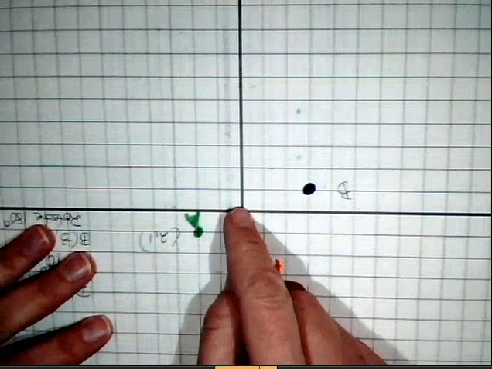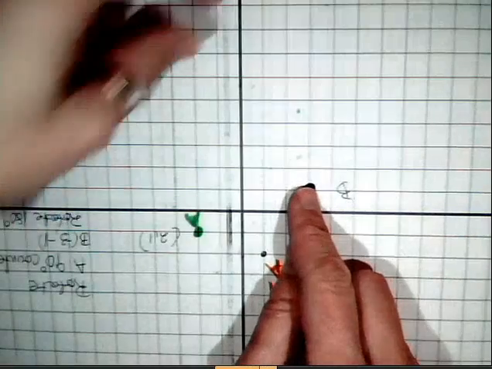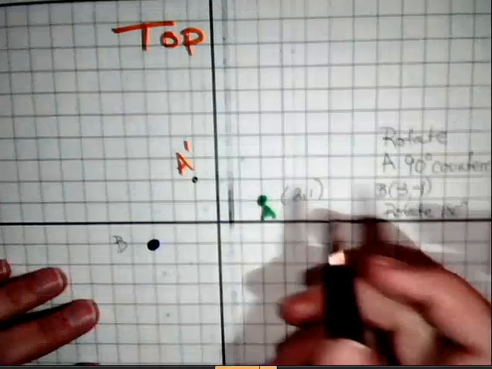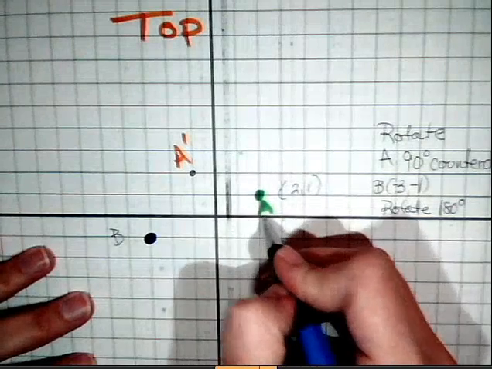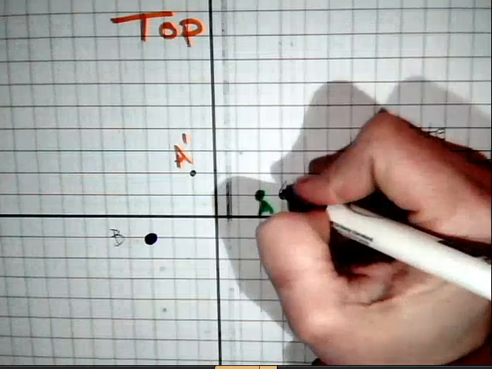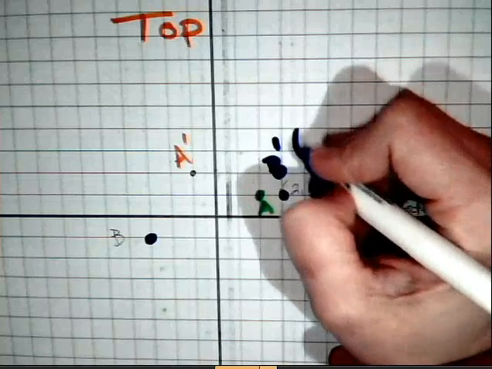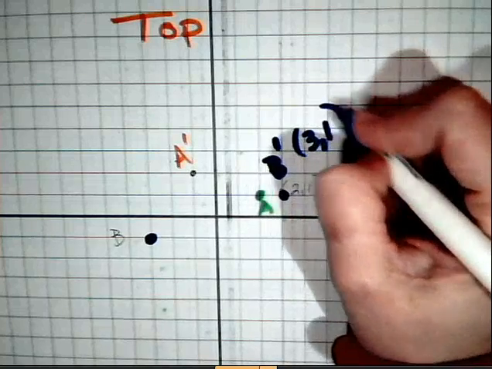There's 180. Now let's read the coordinate. Well, the coordinate is 3 to the right, 1 up. So let's spin it back. And let's go 3 to the right, 1, 2, 3, and 1 up. So I didn't plan that real well, but my point B, that's B prime, and that is found at 3, 1.